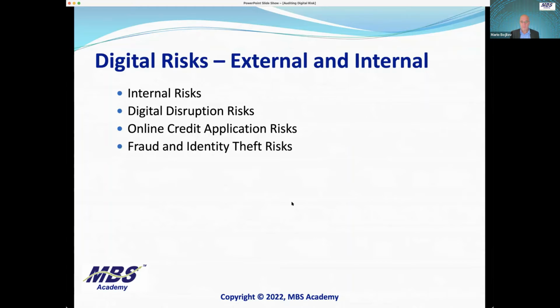Fraudulent identity theft risks. How do you know that the person on the other side, even if it's face-to-face, how do you know that Mario is Mario? These days, for example, in Australia, there is a system where you provide a certain number of documents, one of them being a passport or driver's license, because in Australia there is no need to have a passport unless you travel overseas.